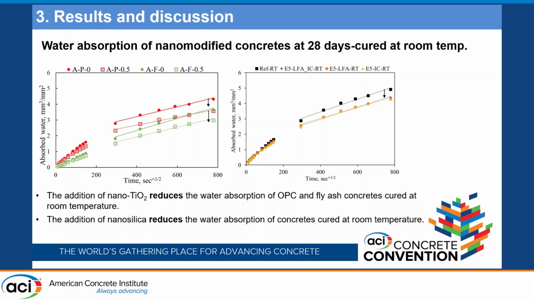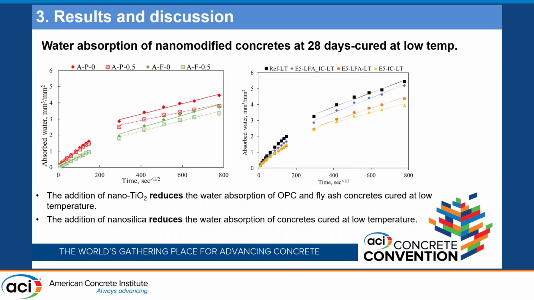And those work very well, meaning that we depressed the position of those, meaning that we have a lower absorption rate. And on the right, you can see the same information for concrete that contain nano-silica, and that also worked well.